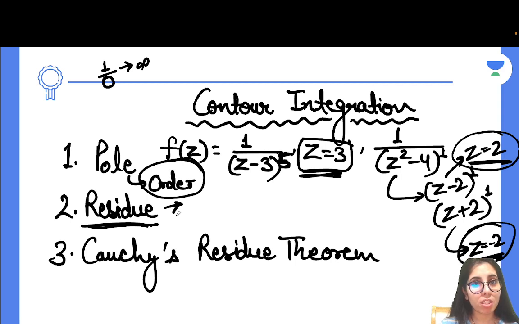There is a specific formula applicable for an order 1 pole, which is also known as a simple pole. Let me introduce these formulae, then we will be ready to start our discussion about the questions too. There are different types of questions from contour integration you can expect. I'll be telling you what these different types of questions are, and we will talk about it.